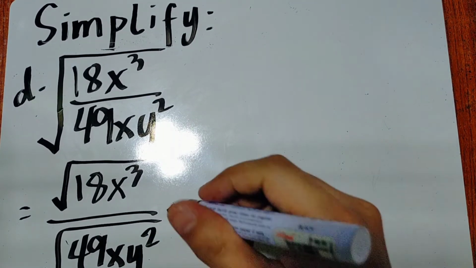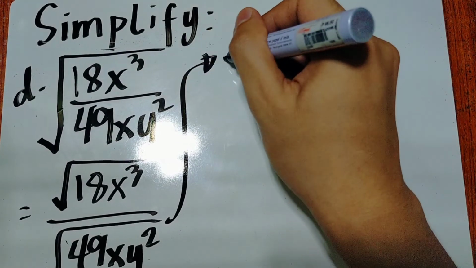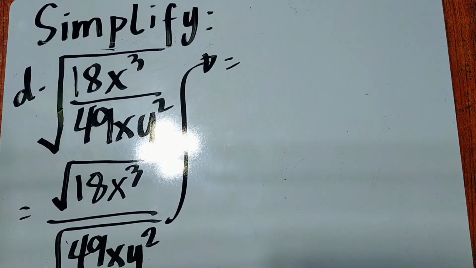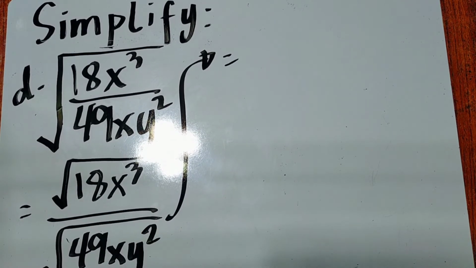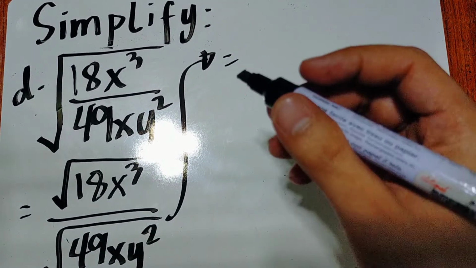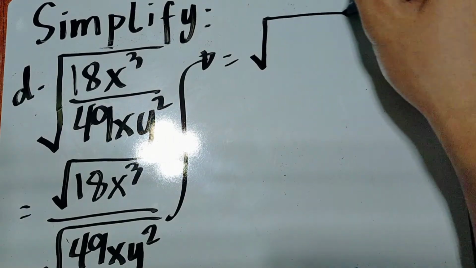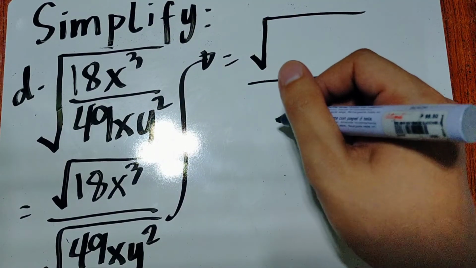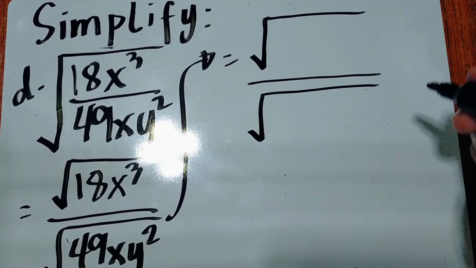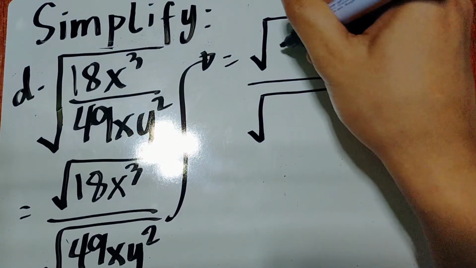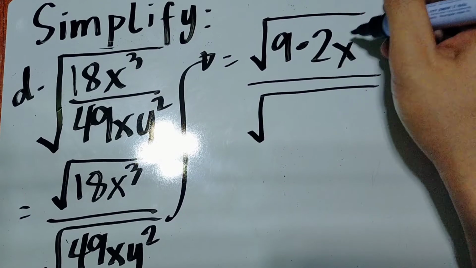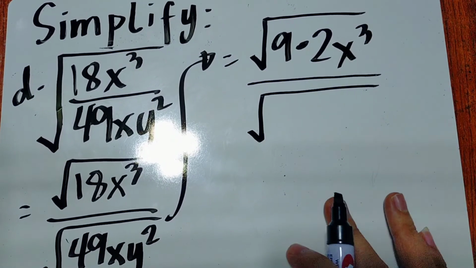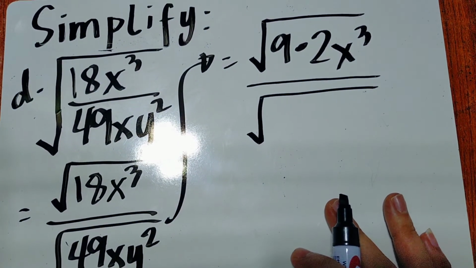Since napaghiwalay na natin sila, tingnan natin kung perfect square ba sila. Yung 18 na hindi perfect square, 49 is a perfect square. So, yung 18, hanapin natin yung factor niya na makakatulong sa atin para ma-reduce or ma-simplify. So, that would be 9 and 2. Yung x cubed pa rin, mamaya natin siya asikasuhin.